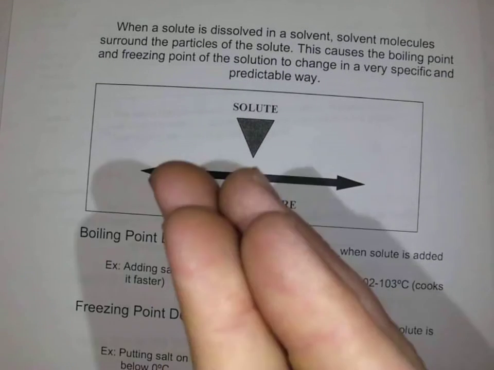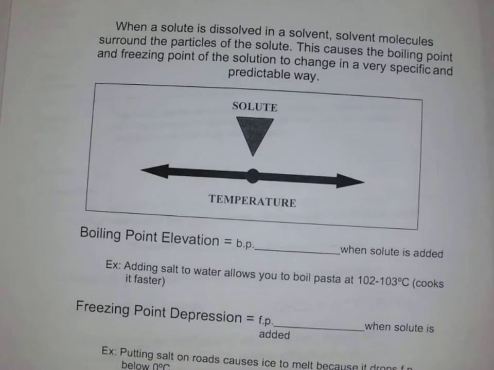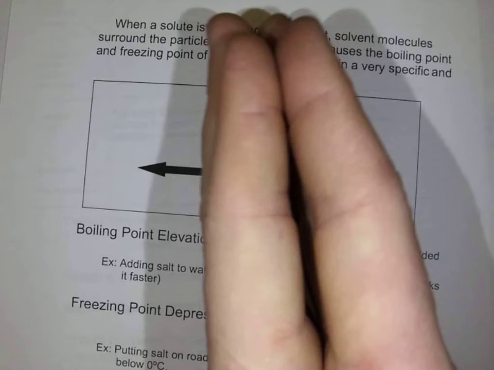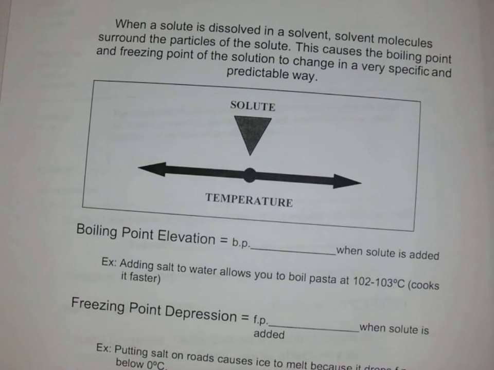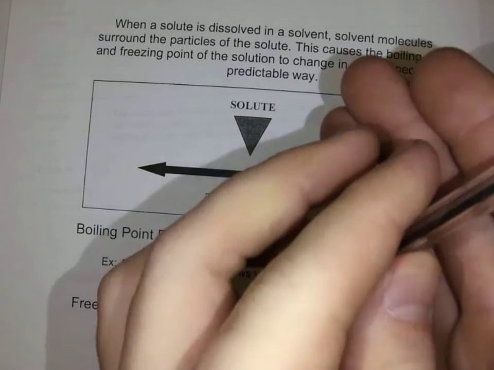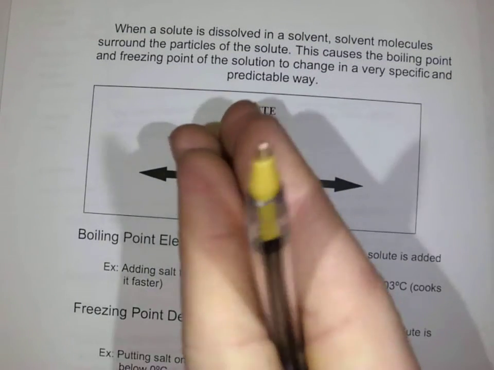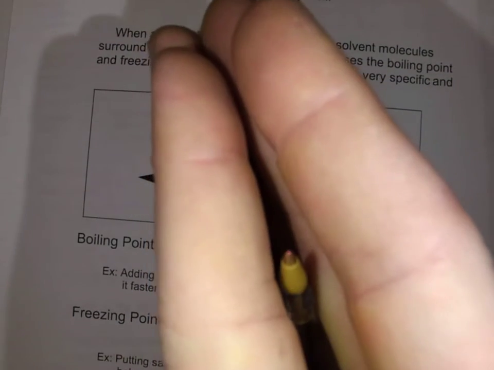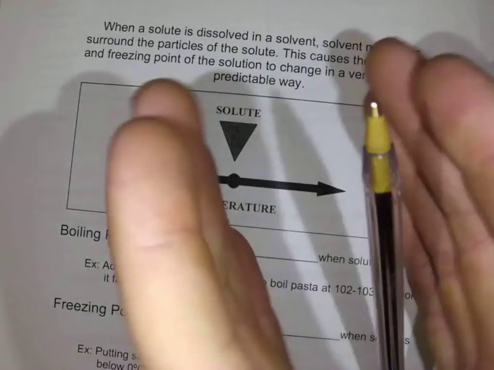If we think about it, our liquid water is going to go to a gas. It's going to separate. So we can have our hands acting like a liquid, and eventually they're going to move apart. But when I put some ions in there, all of a sudden I've got a pen in my hand. I'm going to move more and more, but I need to try and separate even though I'm trying to hold this pen.